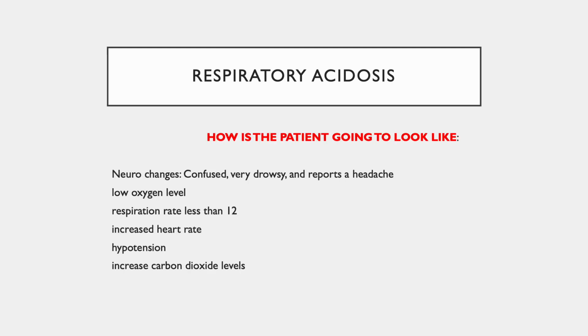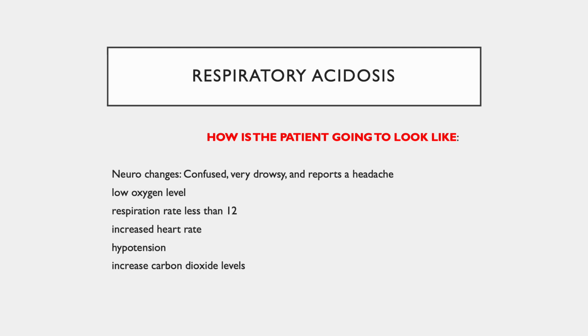So, how is this patient going to look experiencing respiratory acidosis? This patient is going to experience neuro changes. Why? Because they're not getting enough oxygen to the brain. So, this patient may be confused. They may be drowsy. They may even complain of a headache. You're going to see a low oxygen rate on their pulse ox.